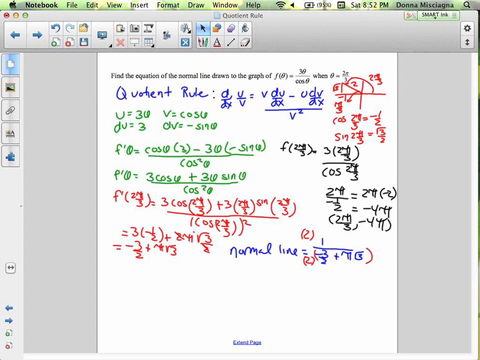And if we do that, this is now going to be 2 divided by negative 3 plus 2 pi square roots of 3. That's our slope. We're sticking to it.